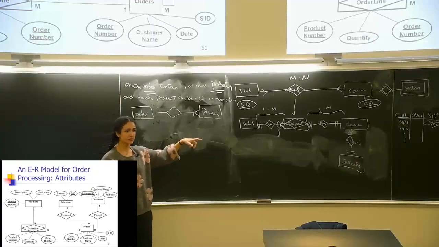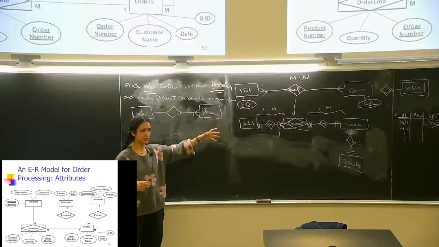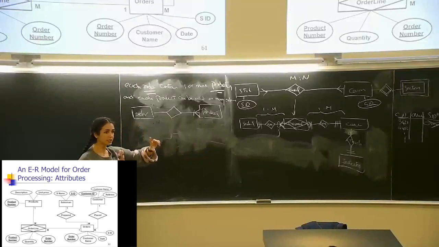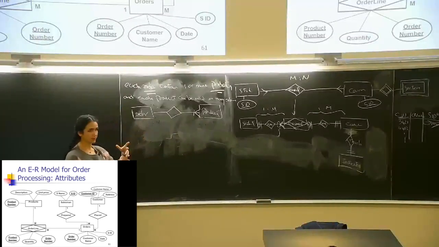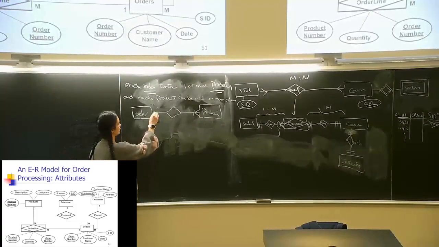Each of these products alone can also appear in different orders, by different customers, or even the same customer. Like you go today and buy something, and in another transaction you buy something else, or the same products. So this is a many-to-many relationship.